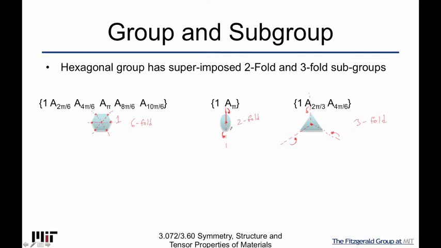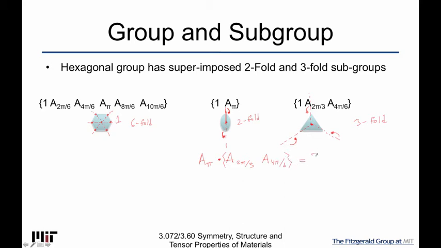If I take a twofold and a threefold, again, thinking about doing an operation of pi on, let's say, an already existing 2 pi over 3, right? Then, which also means operating on a 4 pi over 6.